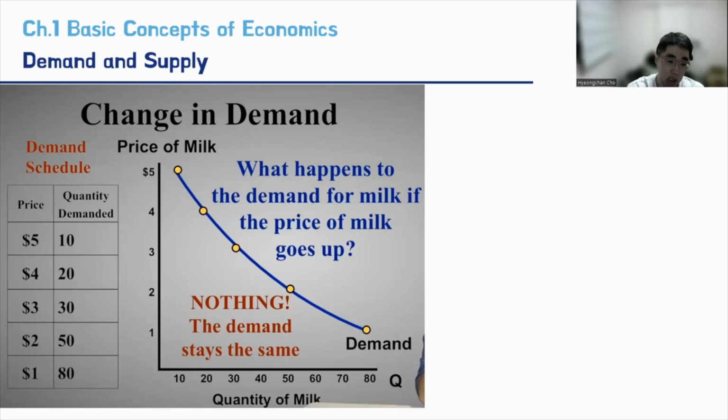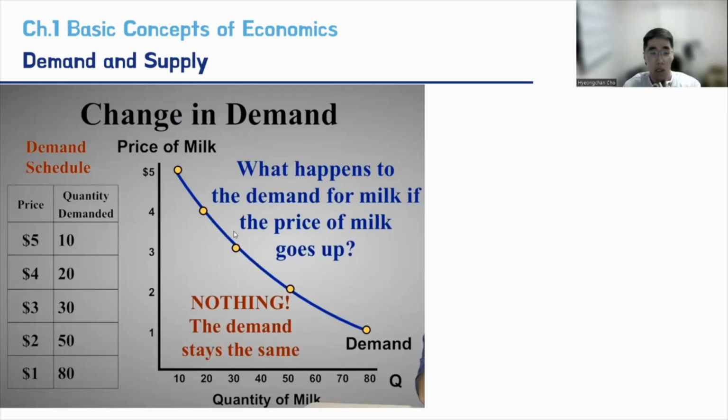This kind of movement can be drawn in this chart alongside the curve. So this combination is here, and this combination, price 4 and quantity demanded 20, is here, and price 3 and quantity demanded 30 is here.